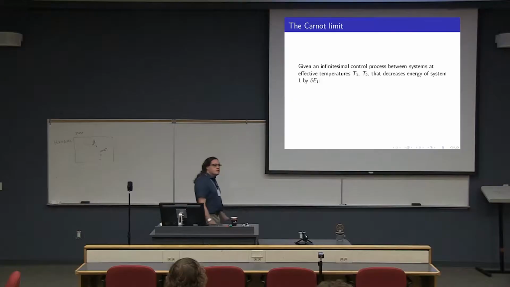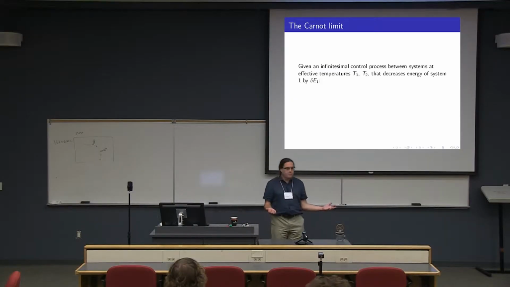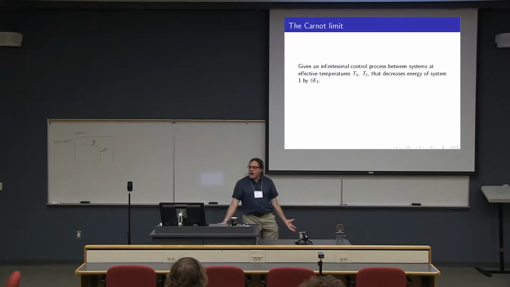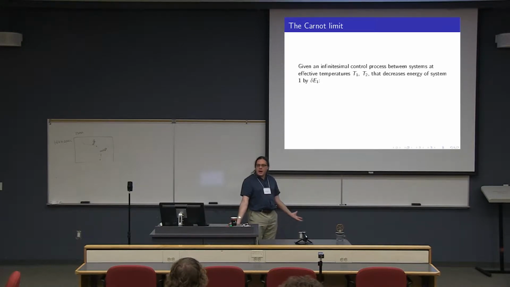Let's push that further. Suppose I do have two systems, system 1, system 2, and in both cases the effective temperature of the systems is T1 and T2, and suppose I want to carry out some infinitesimally small control process that takes energy delta E1 out of system 1.